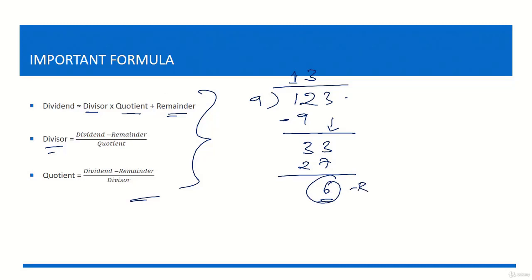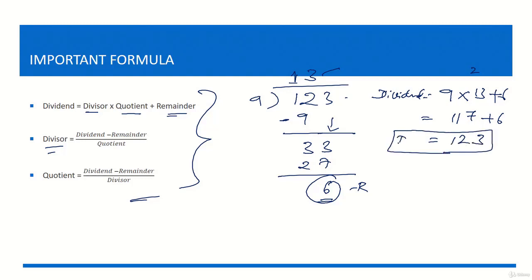If you substitute here, you will get the answer. Let us check with the dividend. Dividend is equal to divisor, which is 9, into quotient, which is 13, plus remainder 6. 13 nines: 9 threes are 27, 7, 2 carry, 9 ones are 9 plus 2, 11, so 117 plus 6. 7 plus 6 is 13, 1 carry, 11 plus 1 is 12, so 123.